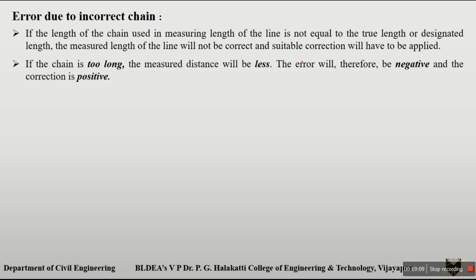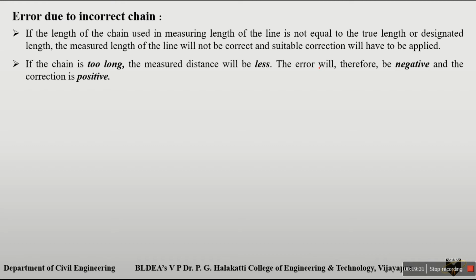Next, if the chain is too long, it means the length is extended with respect to the true length of the chain. For example, the true length of the chain is 20 meter, but actually it is elongated due to variation in temperature or some other errors.